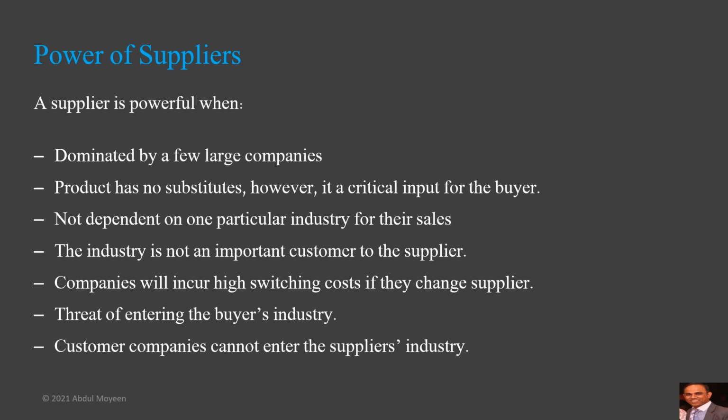One is by raising prices of their supplies, and number two is by restricting the quality and quantity of their supplies. Since powerful suppliers squeeze profits out of an industry by raising the cost of companies in the industry, suppliers are considered as a threat.